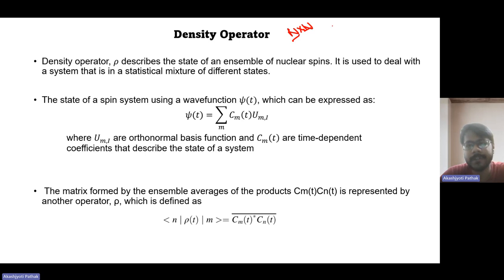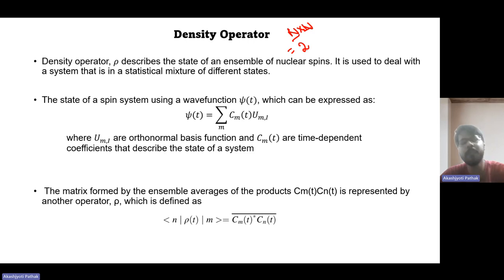Depending on the number of spin nuclei, whether it is a single spin half nucleus, two spin half nuclei or three spin half nuclei, accordingly we can find out how many elements are present in the density operator. Each nucleus has two states, the alpha state and the beta state.